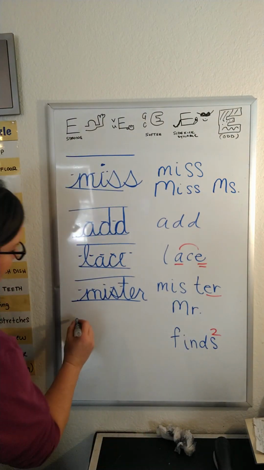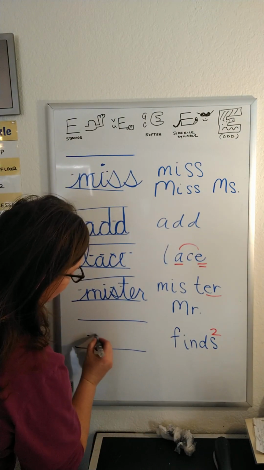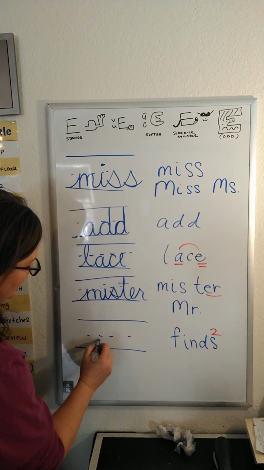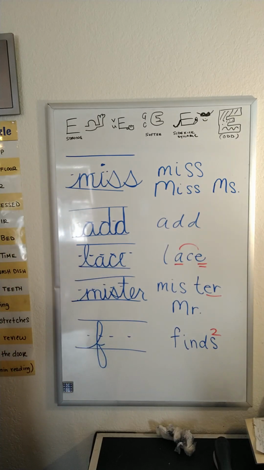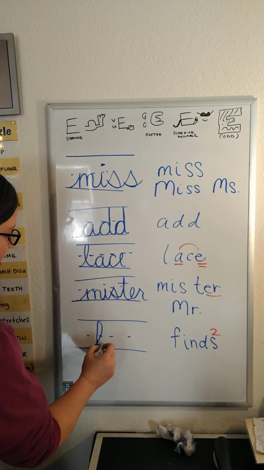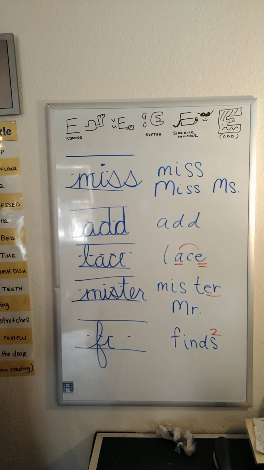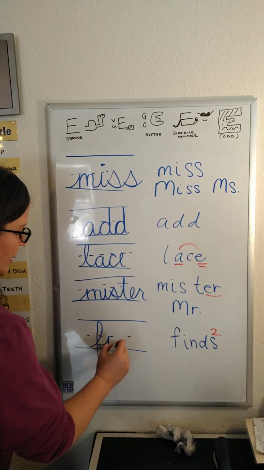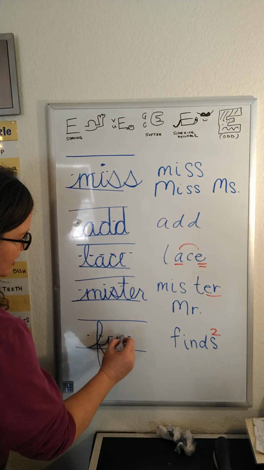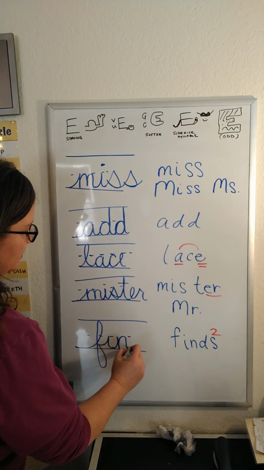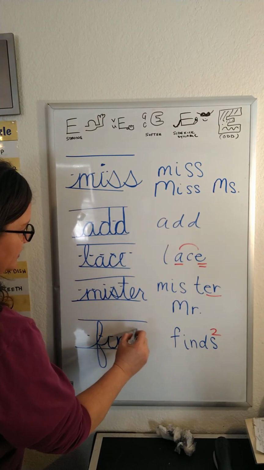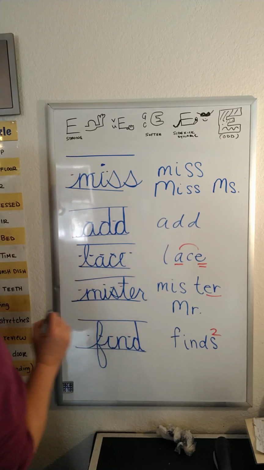And then in your cursive, fun Fs. A big loop to the top, a big loop underneath, and back to connect it out. For your I, up to midline and down to baseline. For your N, straight up to midline, straight down to baseline, and bump at midline. For your D, stop at 2 o'clock, come back around to the top, and down to baseline.